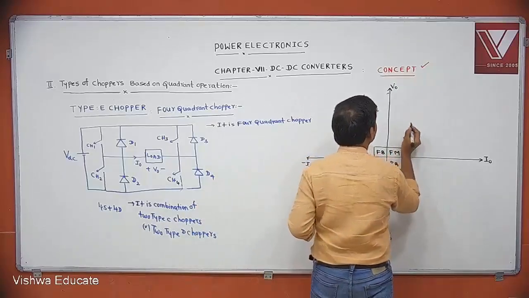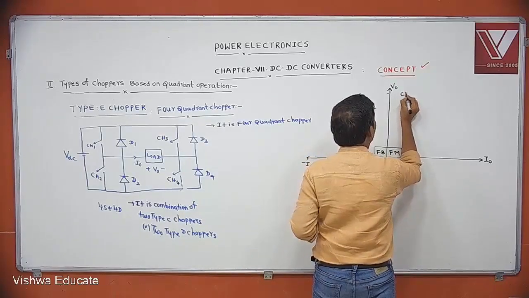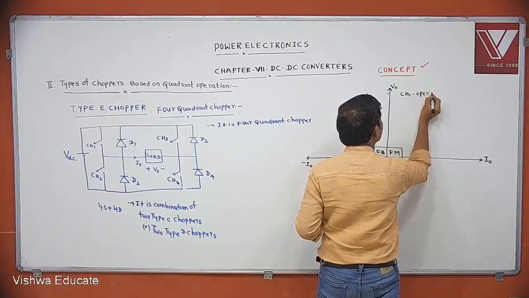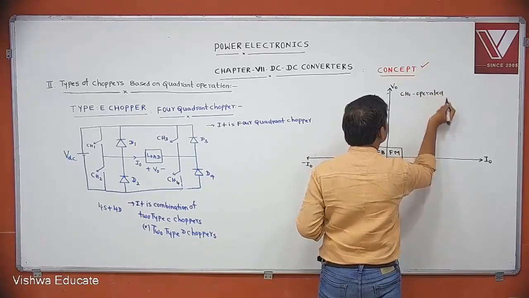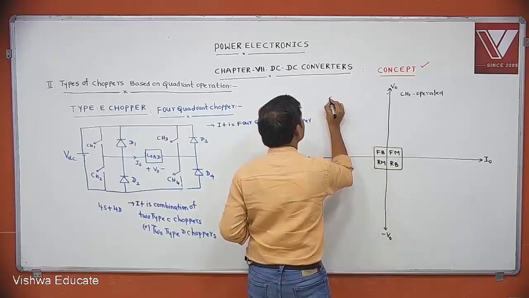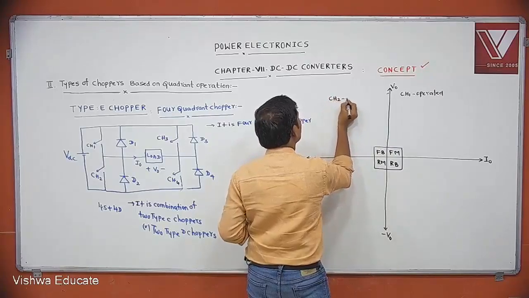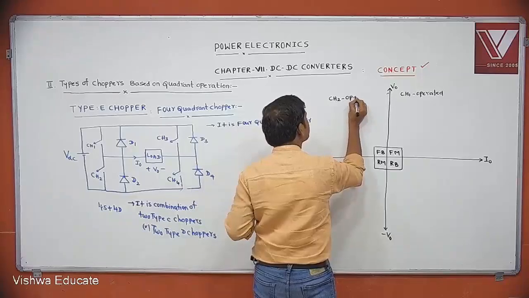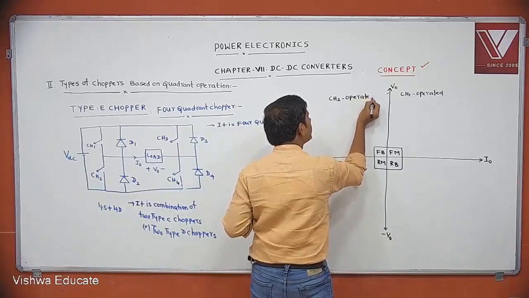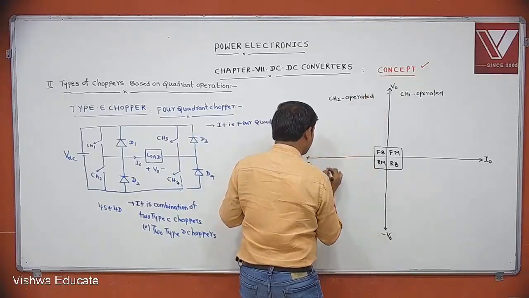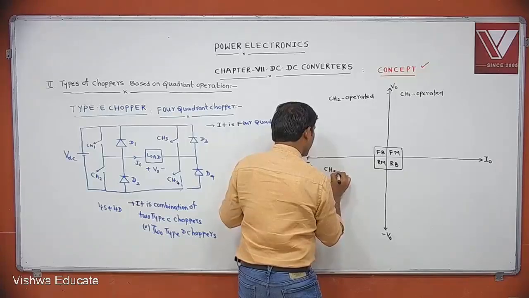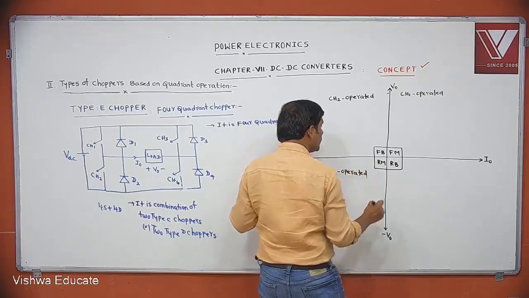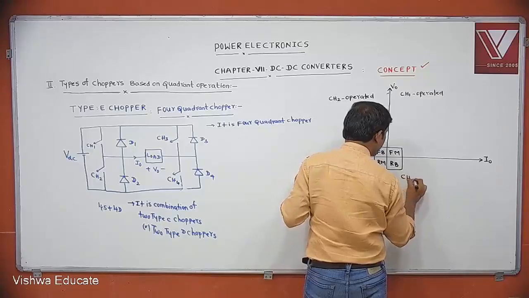In first quadrant, CH1 operated. Here, CH2 operated, because I have given numbering according to quadrant operation. In this, CH3 operated. In this, CH4 operated.